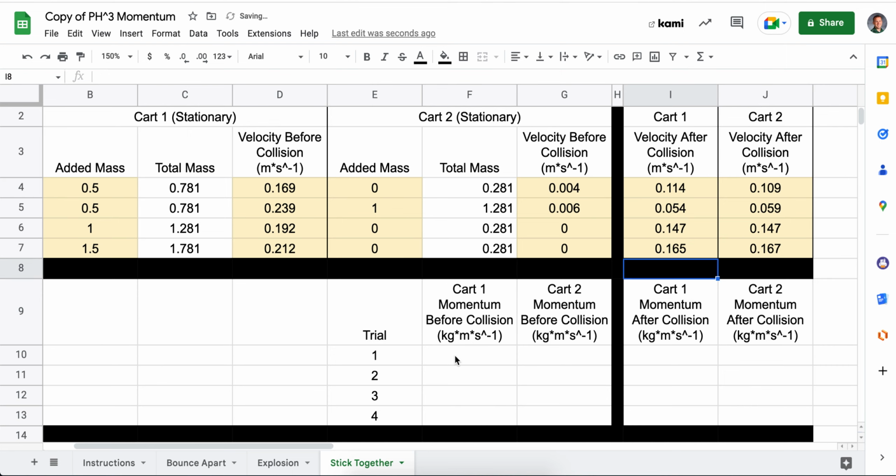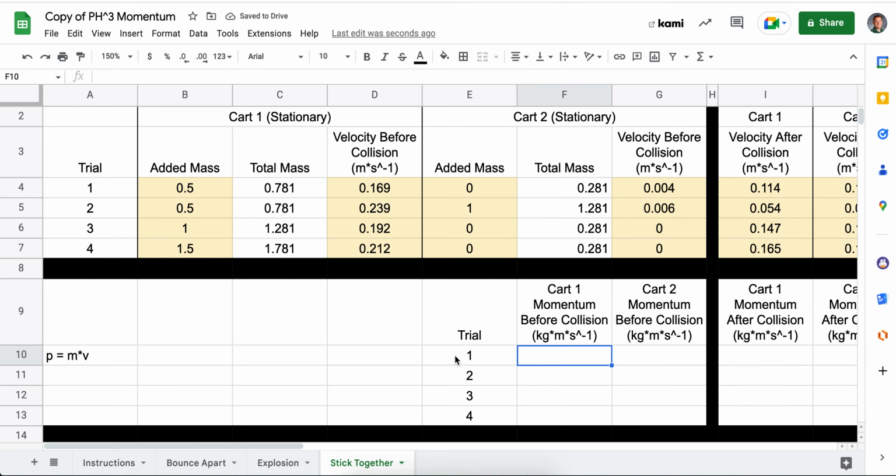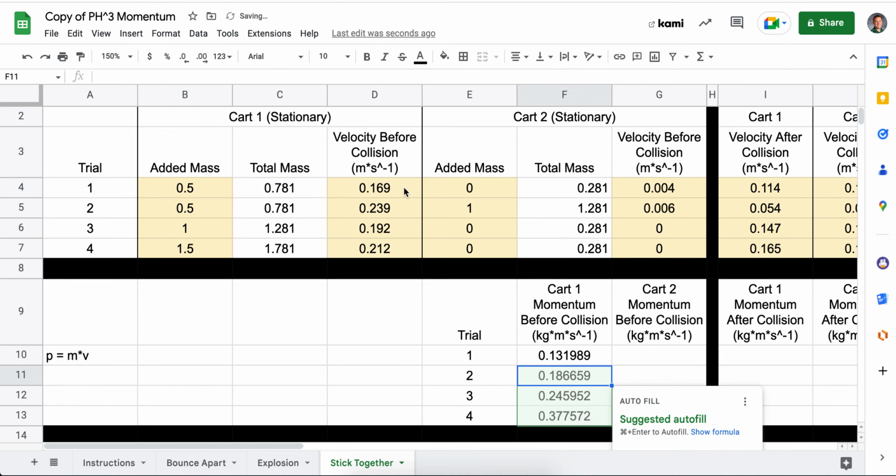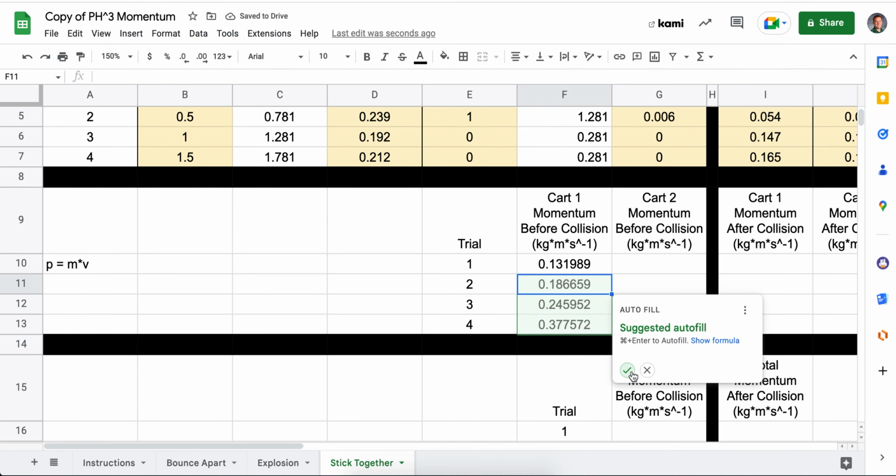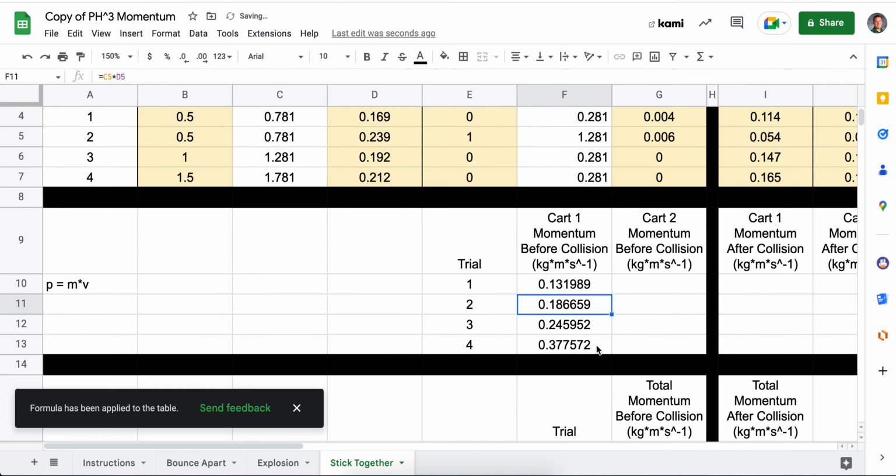Okay, so now we get down here to cart 1, and we're trying to find the momentum before the collision. That's going to equal the total mass of cart 1 times the velocity before the collision. So I'm going to fill that in. It's going to allow me to autofill that, which is good. If I double click, I can see it highlights the cells, right?